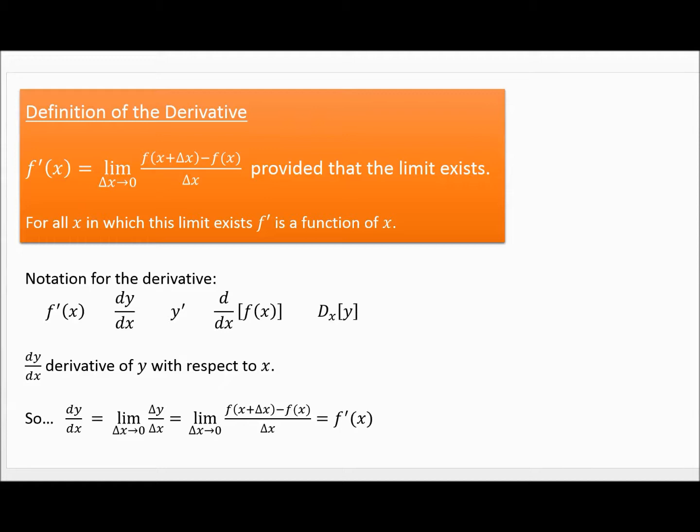And remember, the slope of the tangent line is the limit as your delta x, which is the change between your c and a close x value to c, gets closer and closer to 0. So the derivative is simply the slope of the tangent line.